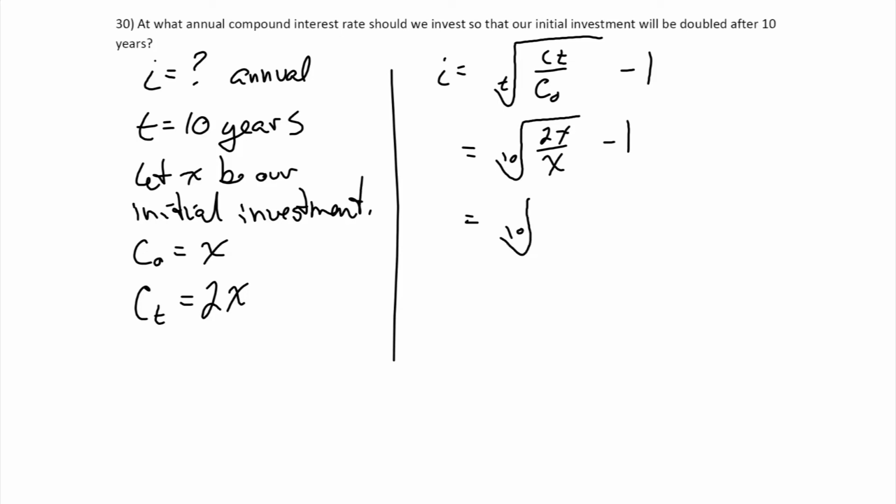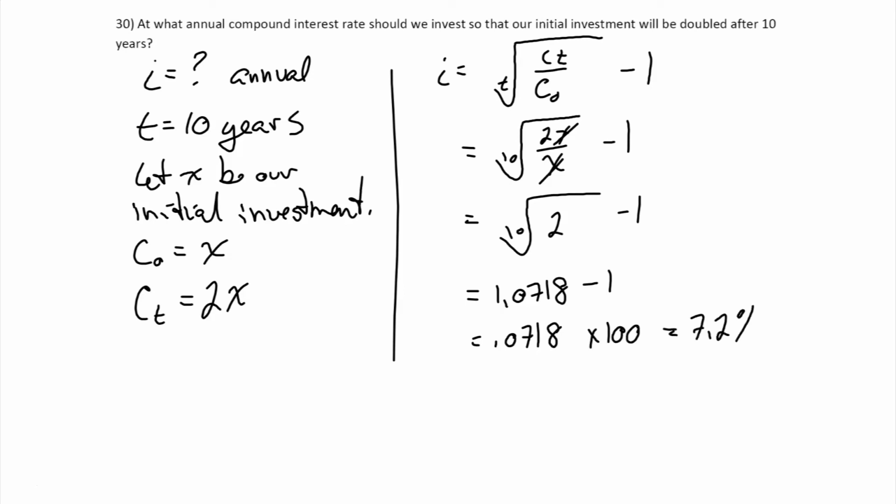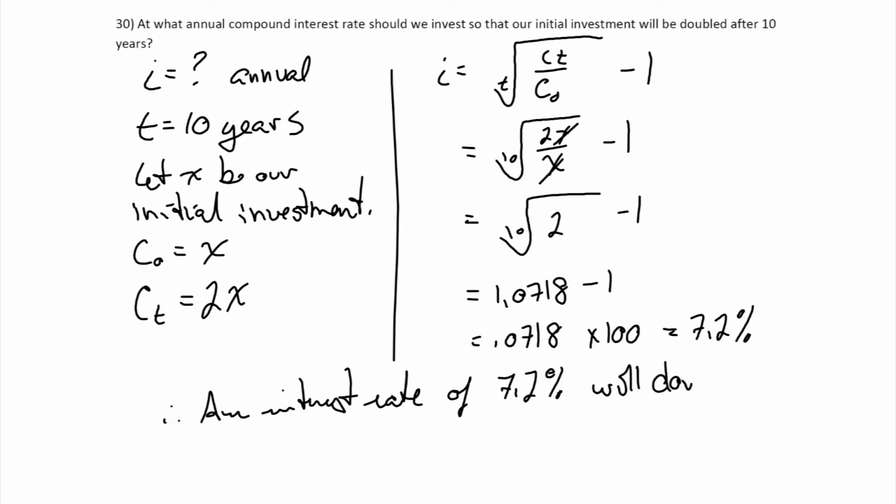Now if we have 2x divided by x, the x's will cancel out. So we end up with just the 10th root of 2 minus 1. If we do the 10th root of 2, we get 1.0718 minus 1, which gives us 0.0718. We multiply that times 100, and we get 7.2%. Therefore, an interest rate of 7.2% will double your money in 10 years.